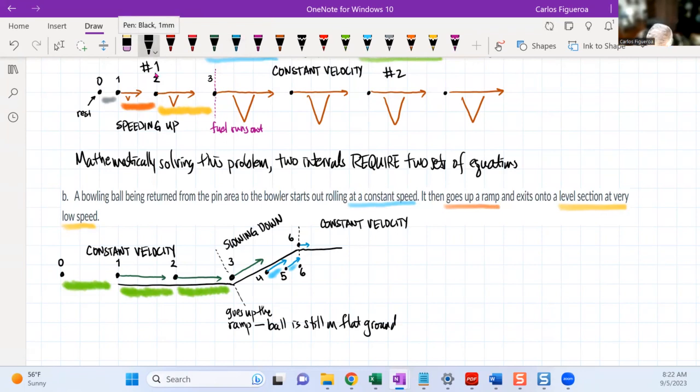So then, because of this, now it's going to move at a slow speed as it goes. So you can see here is that now this moves at a slow, constant speed.